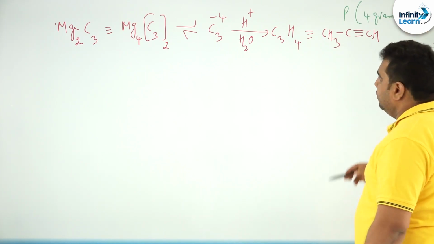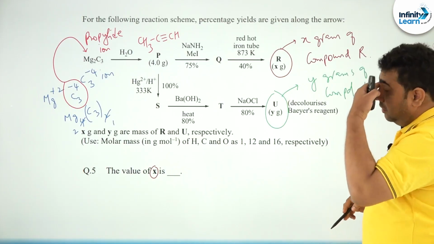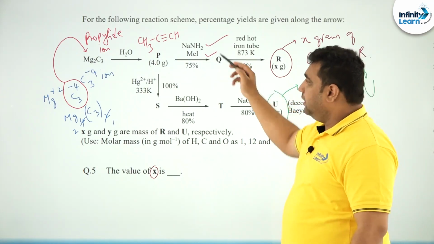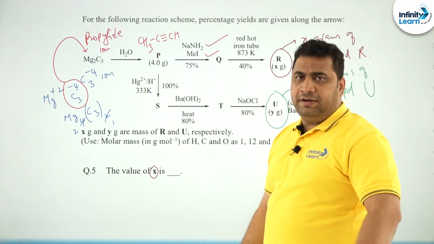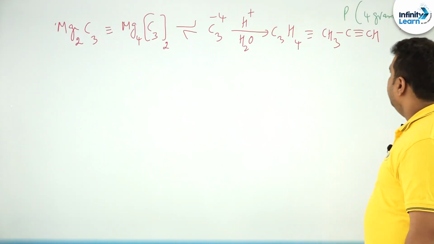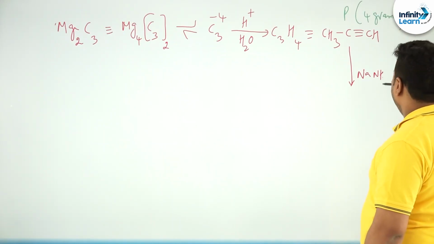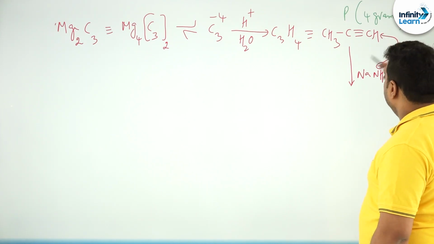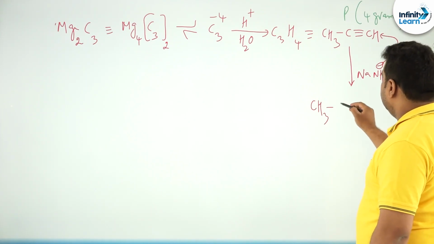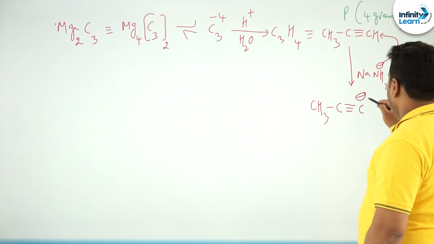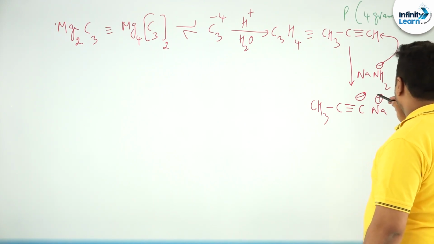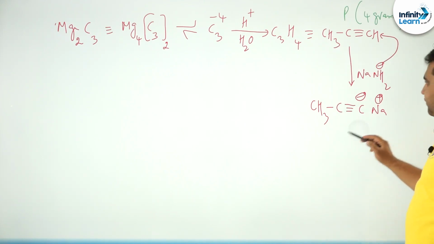Okay. Then moving further, he is saying that now it is treated with soda amide and methyl iodide. Just 10 minutes ago I told you the function of soda amide. So, if we treat this compound with soda amide, the base will abstract this proton and you are going to get CH3C triple bond C minus Na plus, correct.